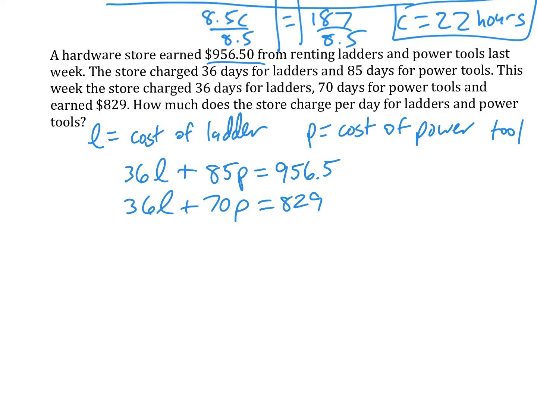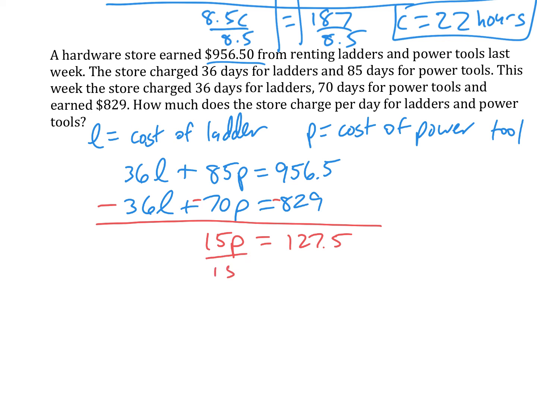And if I look at this, I'm going to try and use elimination again since I see my 36L and 36L, and I'm going to subtract these two equations. So remember, I'm subtracting each of these. My L's will cancel, and I'll get 85 minus 70, which gives me 15P equals 956.5 minus 829, which equals 127.5.